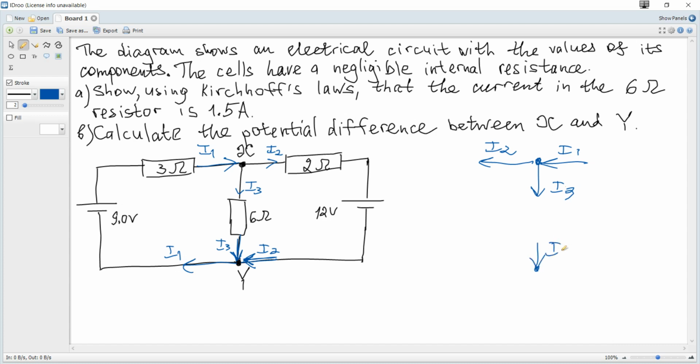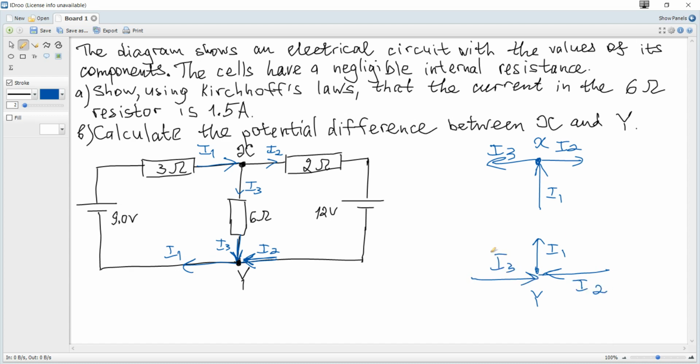Hence, I3 is in Y, I1 is from Y, and I2 is in Y. Or it may be that current in X be here. Let it be I1, hence this must be out, this also must be out, and if we consider Y, it looks like I1 in this direction, I2 in this direction, and I3 in this direction.